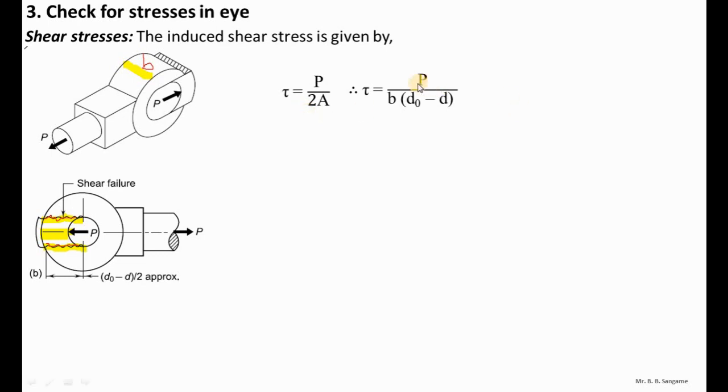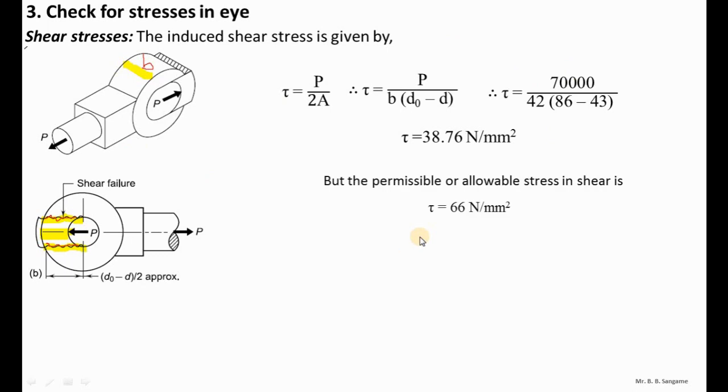Here the value of P is 70,000, D we already calculated as 42, and DO we already calculated as 86, minus 43. As per the calculation, the induced shear stress is 38.76 Newton per mm square. But the allowable or permissible shear stress is 66 Newton per mm square.